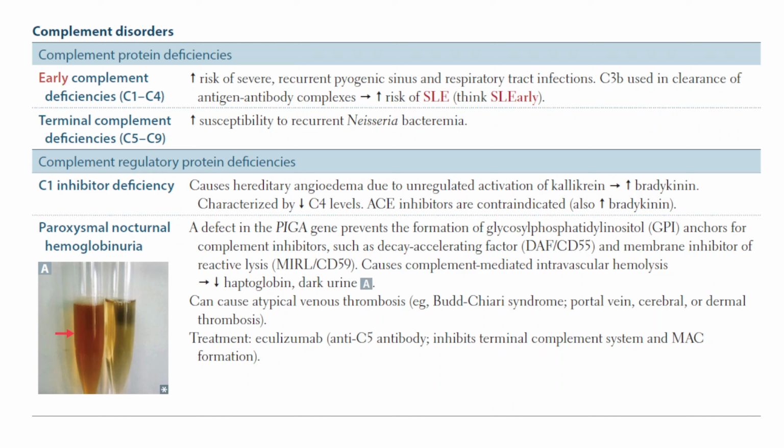C1 inhibitor deficiency causes hereditary angioedema due to unregulated activation of kallikrein. This is going to give you elevation of bradykinin. This bradykinin is the one that gives you a lot of angioedema, usually in the face.